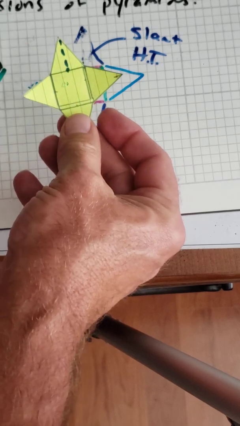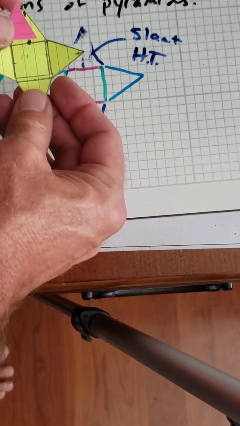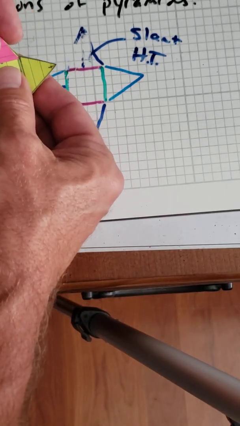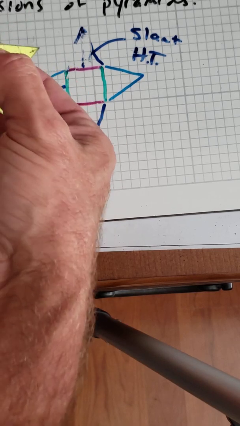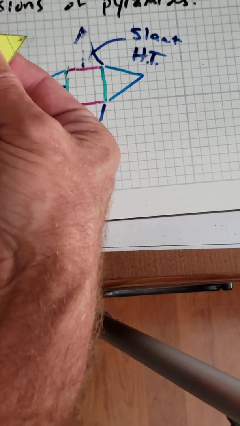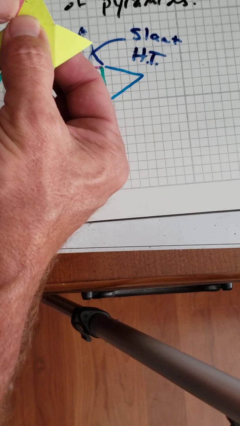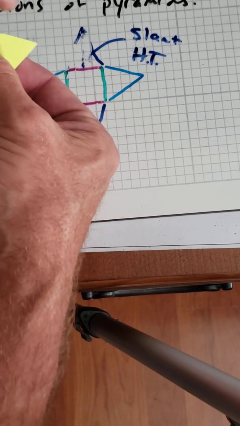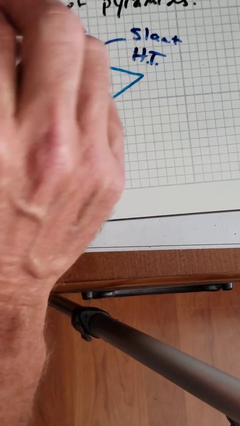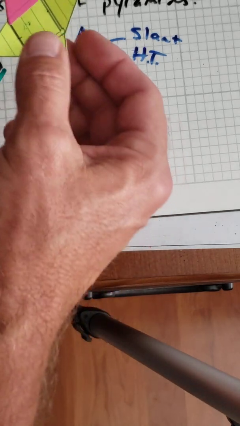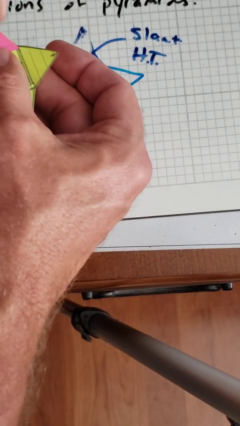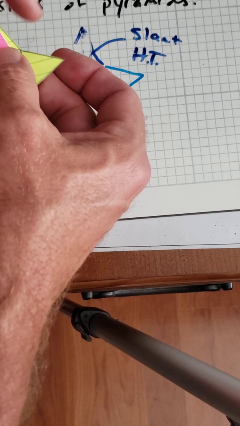Okay, so now here I have another triangle, and I put it on there, and you see that the pink triangle that I just cut is exactly, or as close as I can make it, the same size as the yellow one.